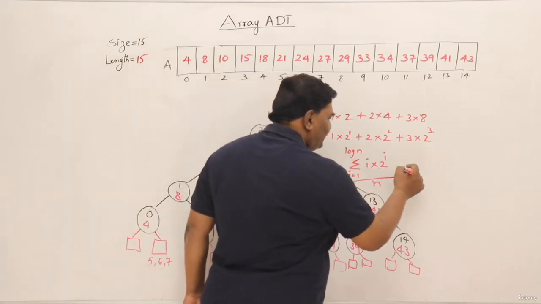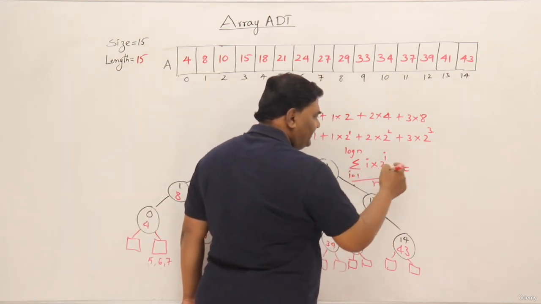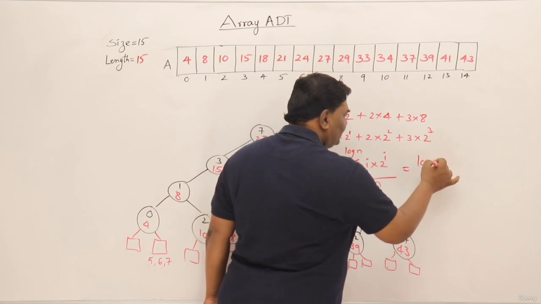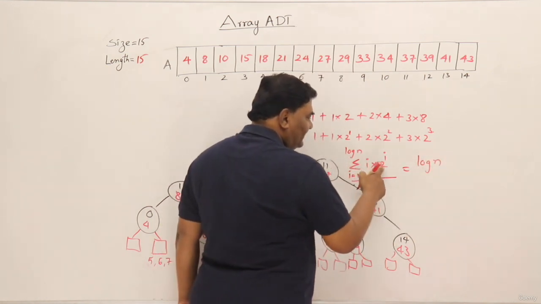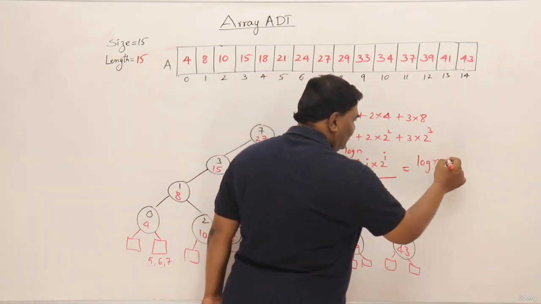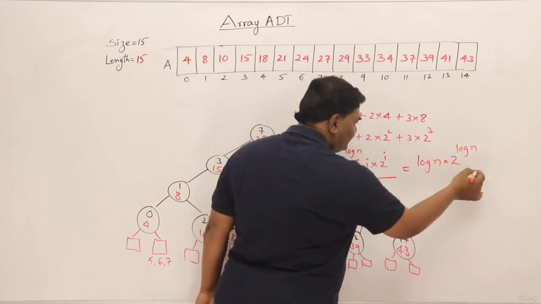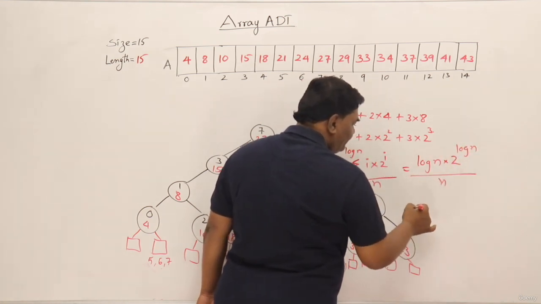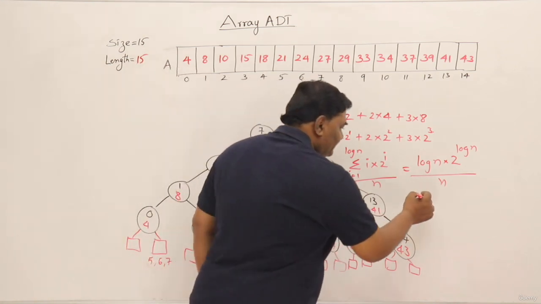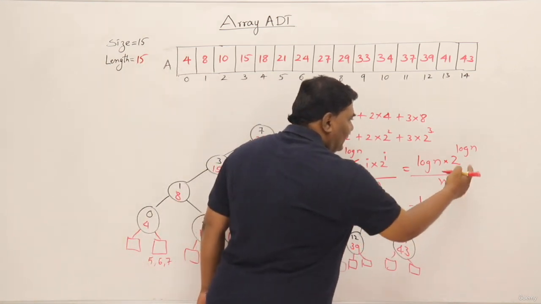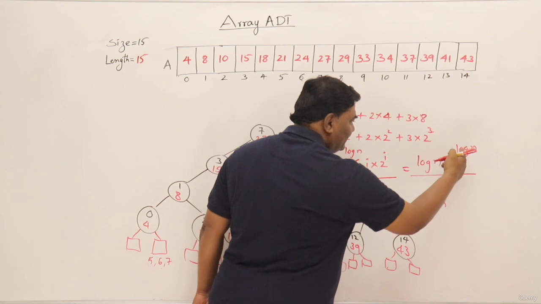Then this numerator is approximately equal to log n. i is replaced with log n, and here also i is replaced with log n, into 2 power log n, and this is divided by n. Then this can be written as log n, and this power n can be brought here.